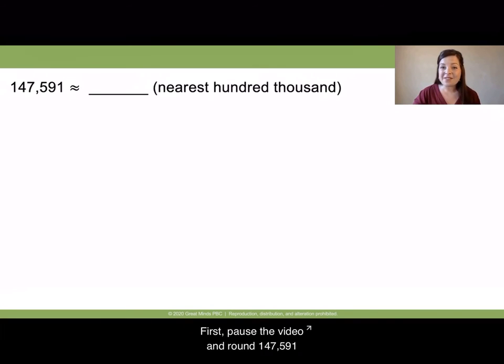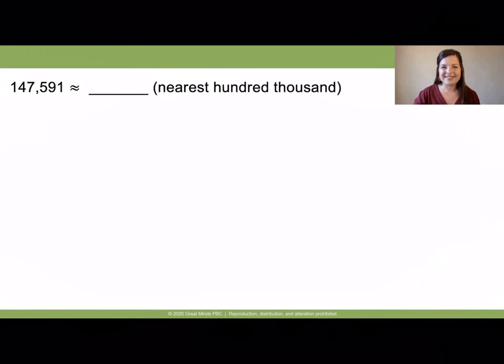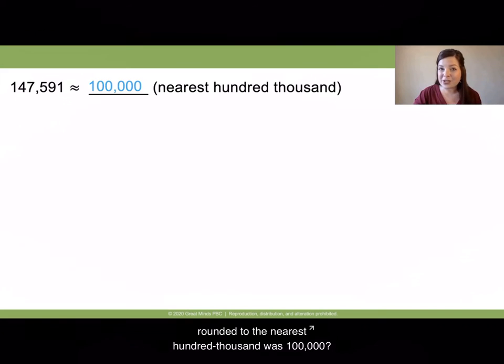First, pause the video and round 147,591 to the nearest 100,000. Did you find that 147,591 rounded to the nearest 100,000 was 100,000?